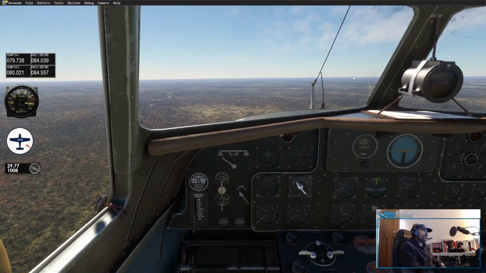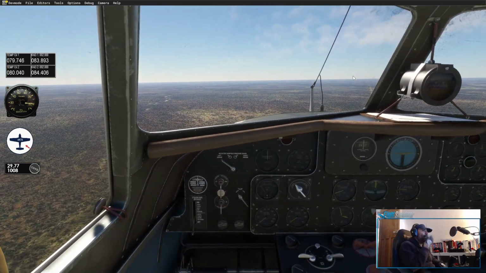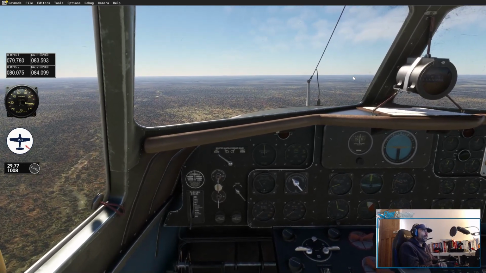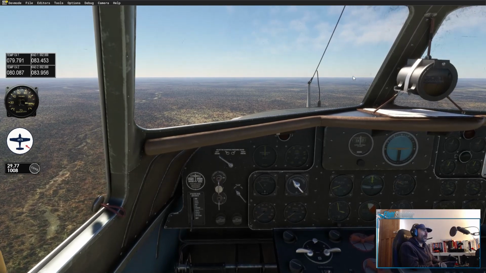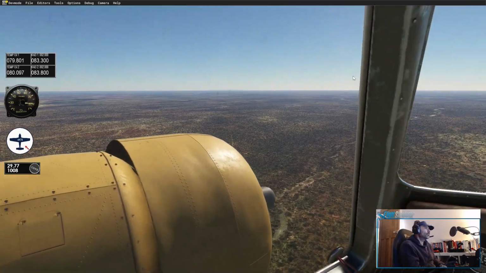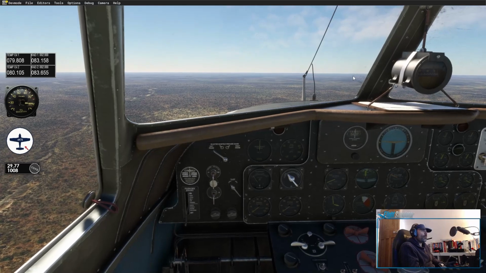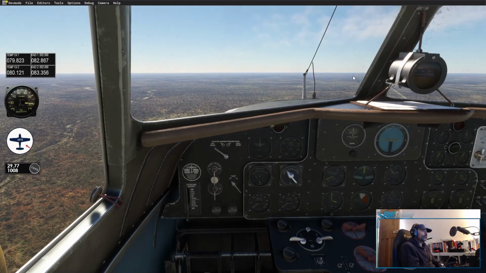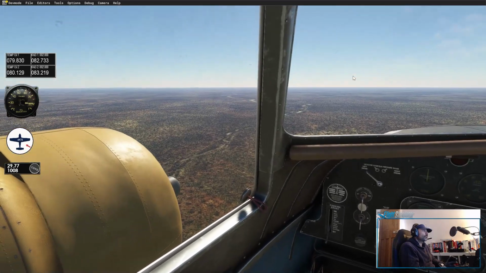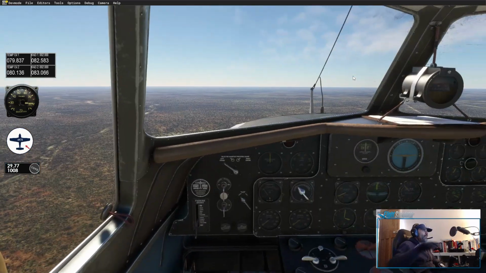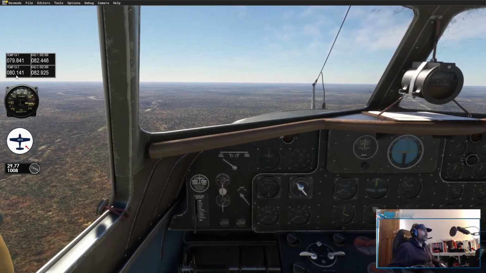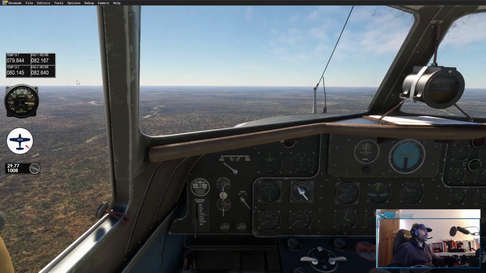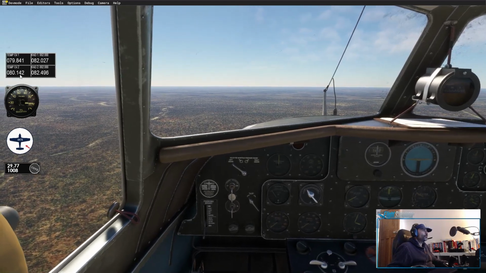But with using just 0, 1 and 2%, I am managing to do this flight. Look at oil, still very well. The temperature of the oil is around 80 degrees.